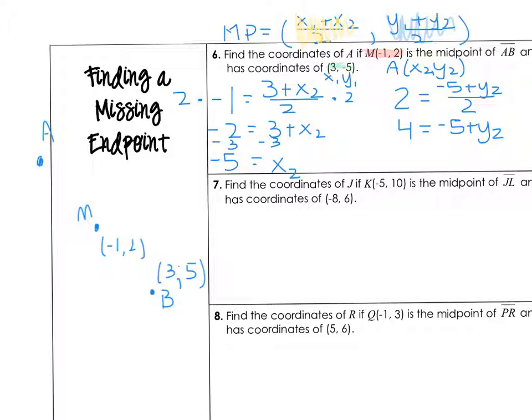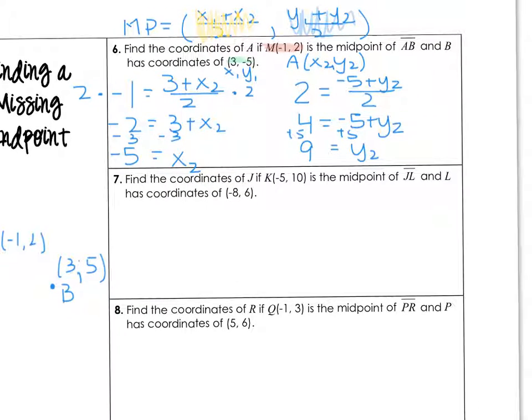And then I'm going to add 5. So the coordinate for A, the point A, is going to be -5, 9.